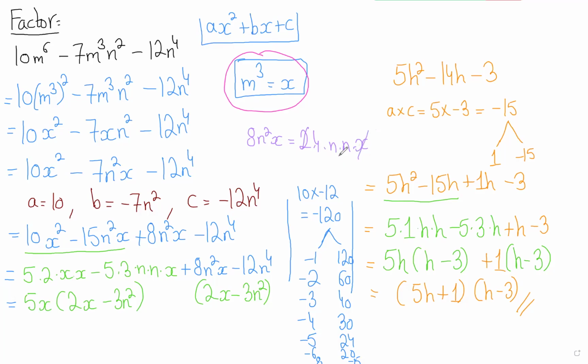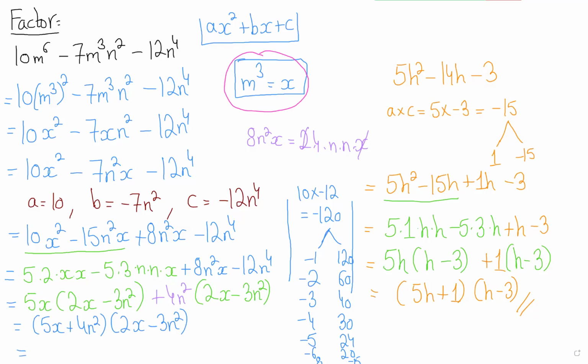What's missing is 4n squared, right? 4 times n times n, which is just 4n squared. So we write that outside the bracket. So this is just going to be 4n squared. What's next? We write this more compactly. So this is going to give us 5x plus 4n squared times 2x minus 3n squared.